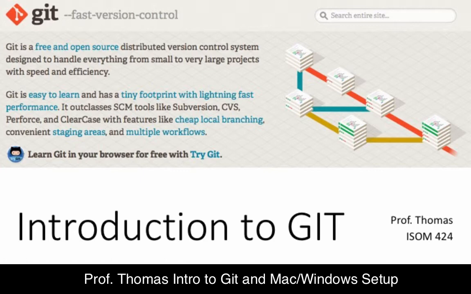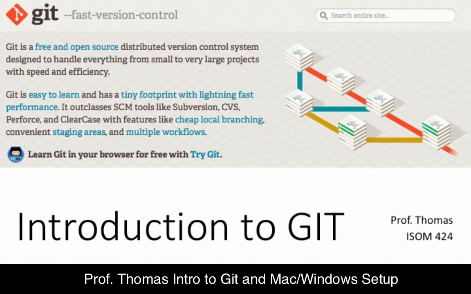So first of all, this screenshot at the top of the slide comes off of the gitscm.com website, which is the home for the open source code of Git itself. And it's the home to the actual tools for using Git. This home is maintained by a large consortium of companies interested in making Git as effective as possible.